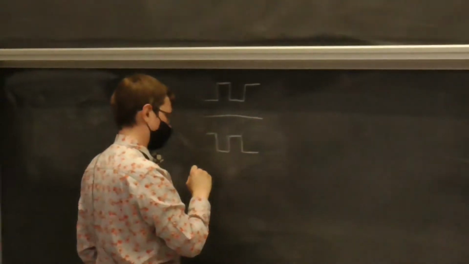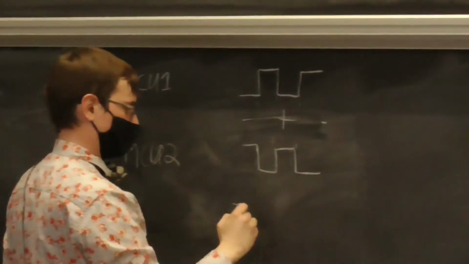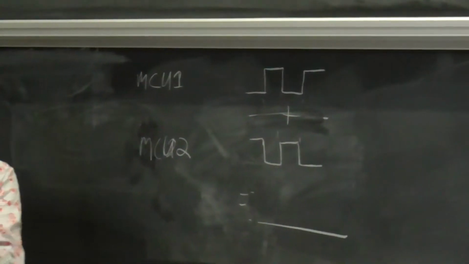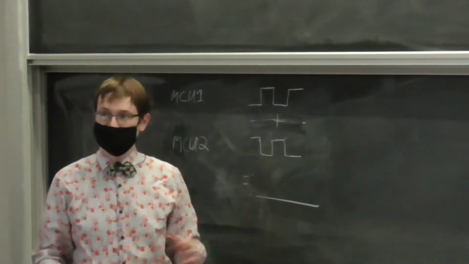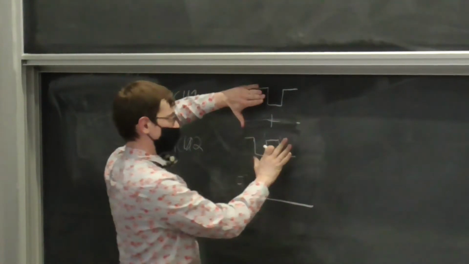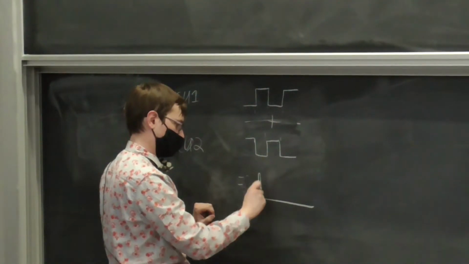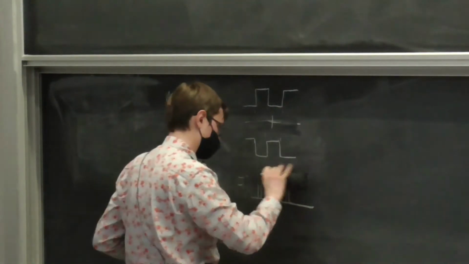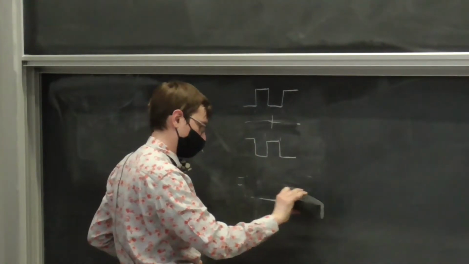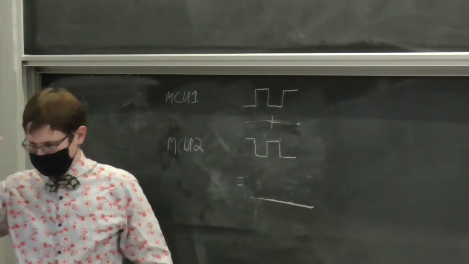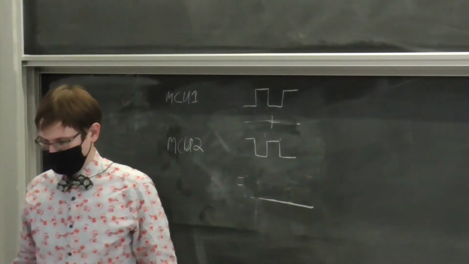Then effectively this signal would be that plus that is equal to low the whole time, which means that nothing will happen, right? They'll sort of blow out each other's clock signals. And even if these things are slightly offset, you might have something like that. But anyway, clock synchronization is an important thing to solve if you're going to support multiple things controlling the clock, right? So, this is how it does it.